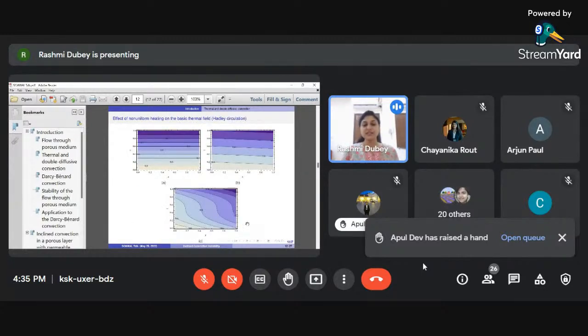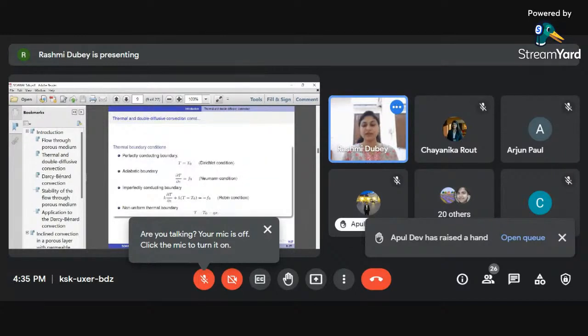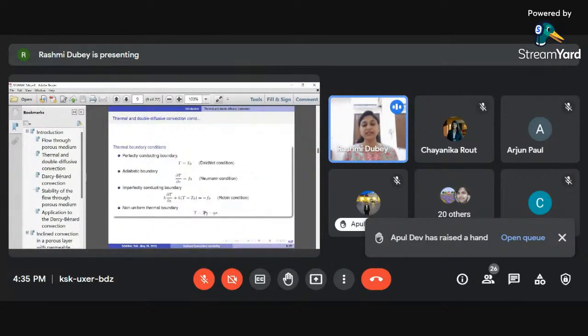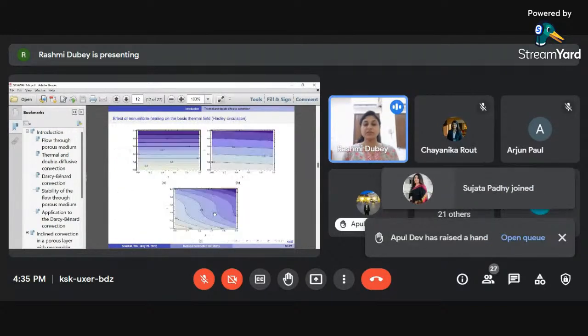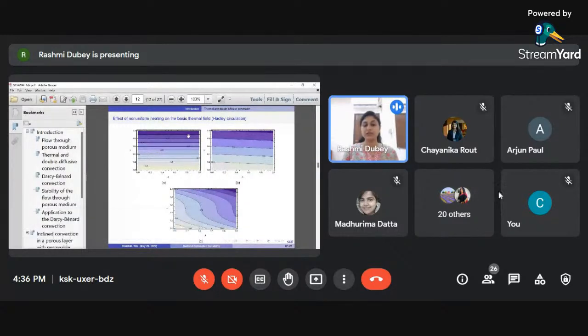Through this figure, we can see how non-uniform heating affects the thermal field. So it was the fourth boundary condition that I showed, this one, when the temperature either increases or decreases along the length. So in that case, when we increase that parameter eta, that means if it is positive, then it means that with the length of the horizontal layer, the temperature is decreasing.